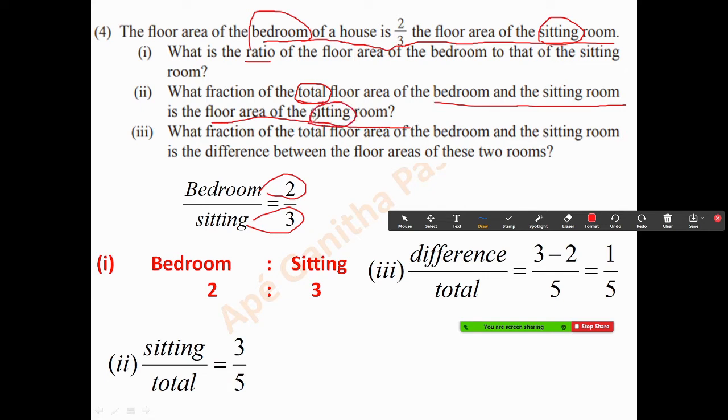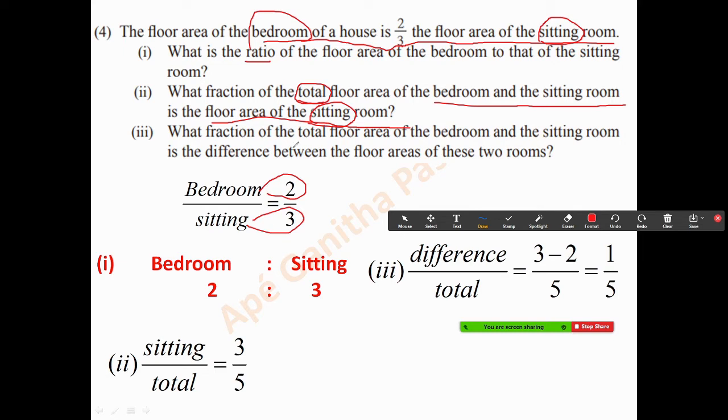Sitting room is 3 parts. Total means 2 plus 3, 5. So sitting room over total is 3 over 5.